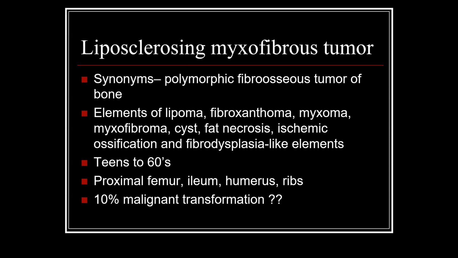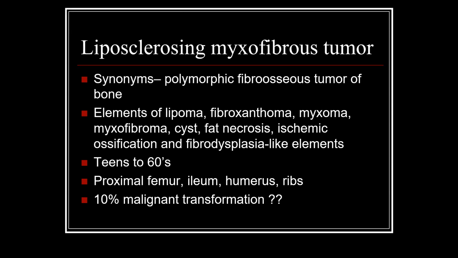Well, anyway, this is a very unusual looking lesion that has elements of lipoma, fibroxanthoma, myxoma, myxofibroma, cystic lesions, fat necrosis, ischemic ossification, and fibrodysplasia-like elements. This can occur in just about any age group, but the location is almost uniformly proximal femur.